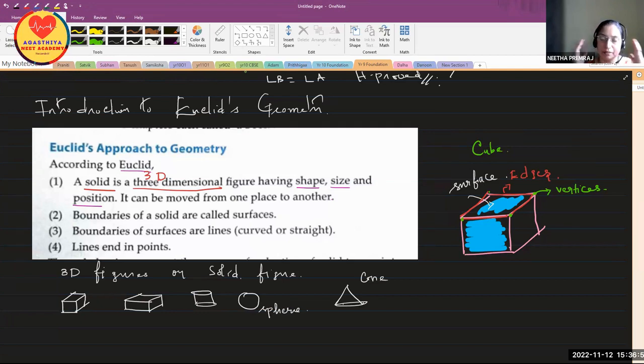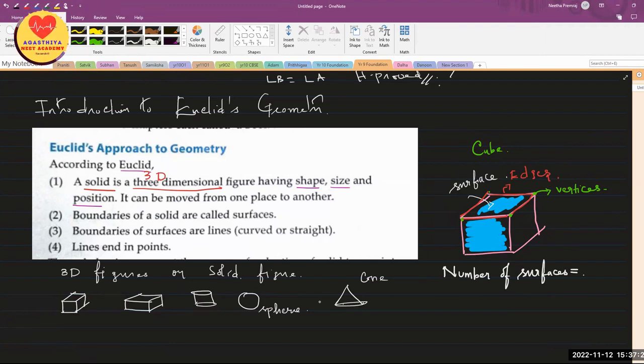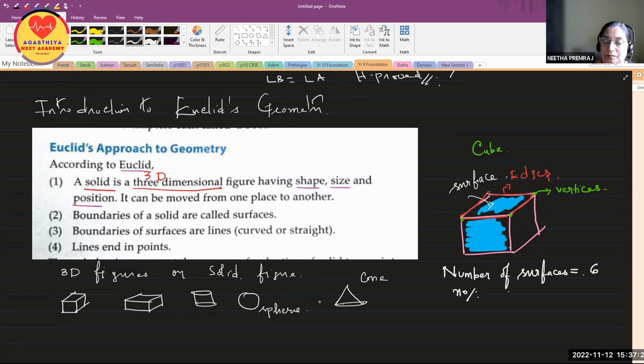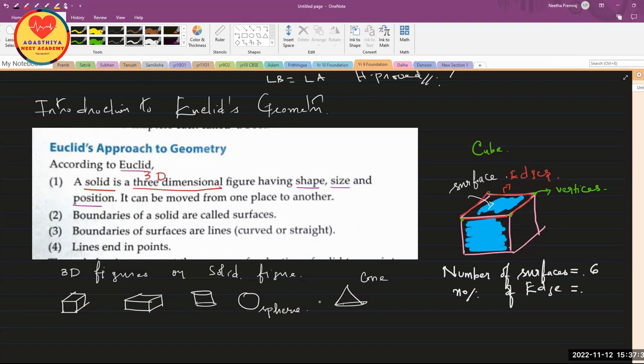Imagine a cube and count the number of surfaces. 6 surfaces. Super, very good. Number of edges? 8 edges, ma'am.